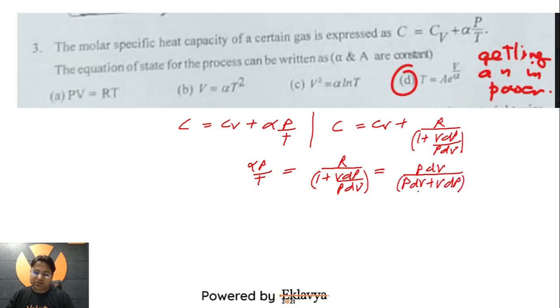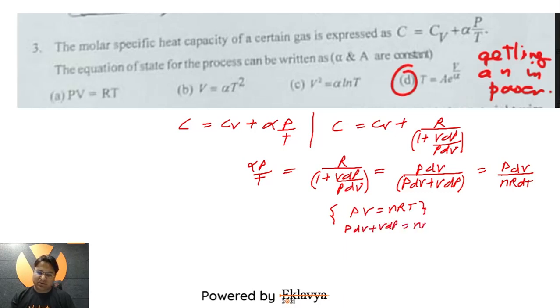Now this PdV plus VdP can be further written as nRdT. How am I writing this? We know that PV is equal to nRT. So if I keep the number of moles of gas fixed, then there are three variables P, V and T. If I differentiate this relationship, I will get PdV plus VdP is equal to nRdT. So from here we are substituting this.